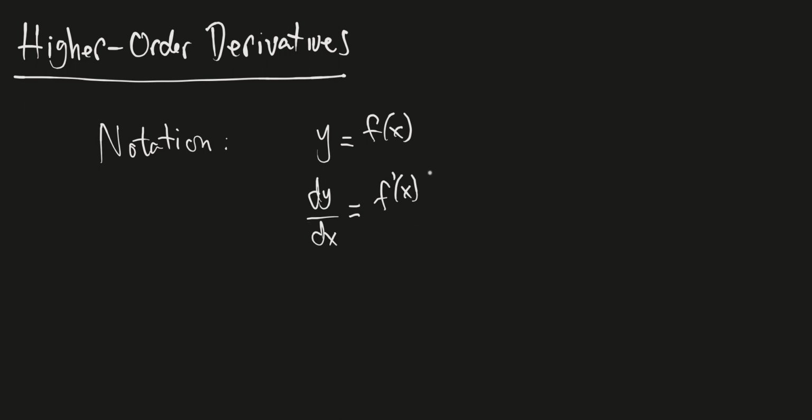But again, as we've seen, when we derive a function, we get another function. And then maybe this function is differentiable. So if we were to differentiate it again, this is how the Leibniz notation would look. You would be finding the derivative of dy dx.